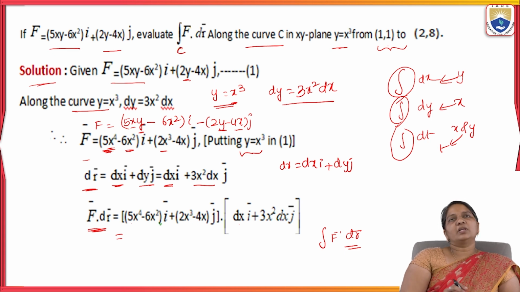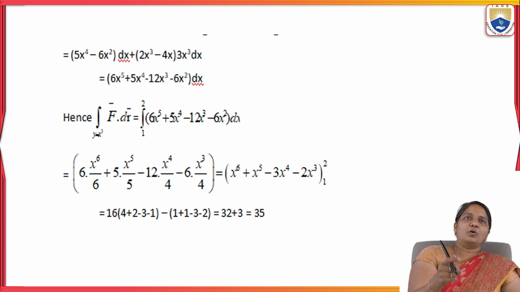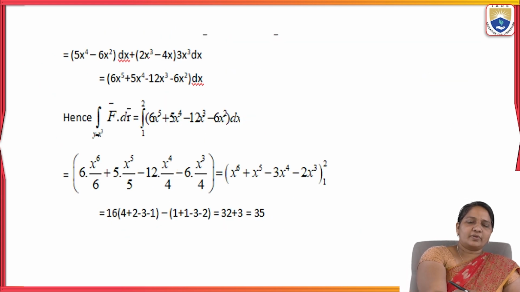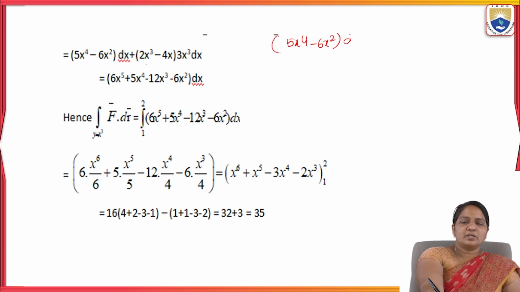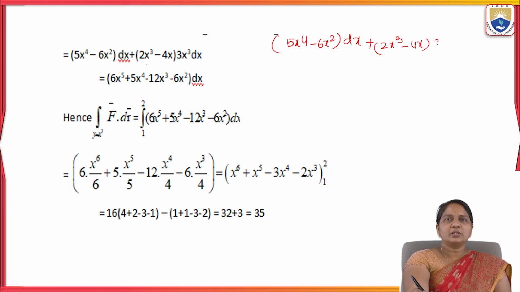If you know this, we can integrate the function now according to the given points. Now this value is 5x power 4 minus 6x square into dx plus 2x cube minus 4x into 3x square into dx.